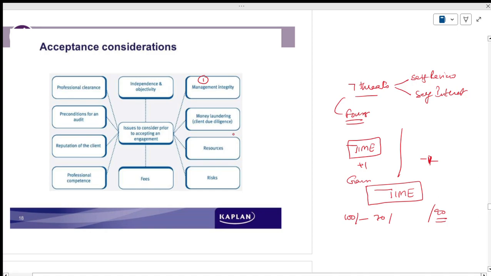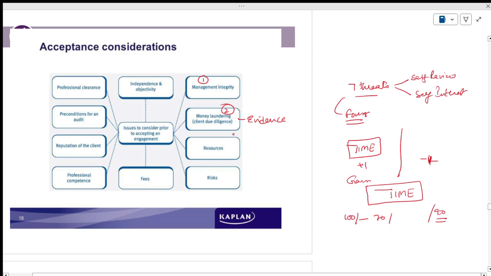With management integrity, most of the time you will think about money laundering. This is one of the issues, and it's a hot topic nowadays. That is the reason everywhere you will ask for evidence. As an auditor, you need evidence.